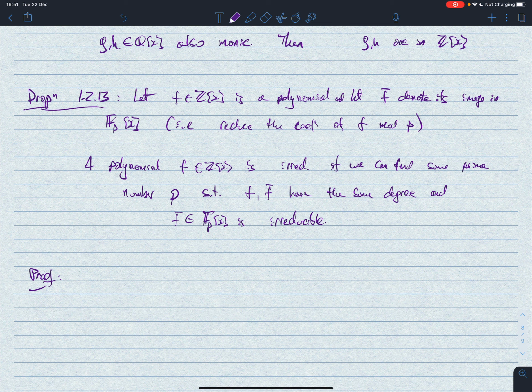So this is logically equivalent to proving the following. I'm swapping between f and f(x). If f(x) is reducible in Z[x], then it's also reducible in F_p[x].